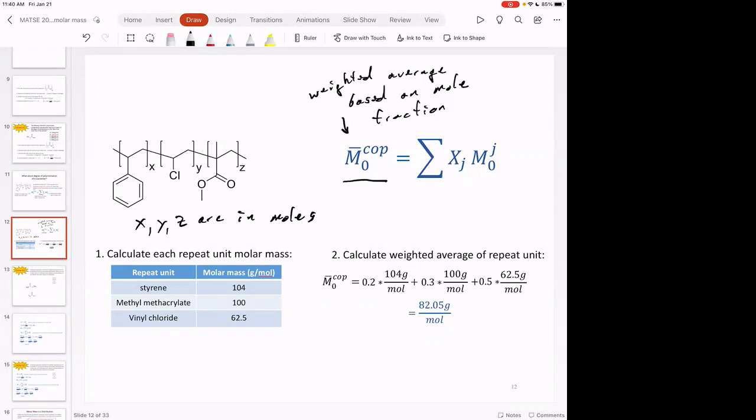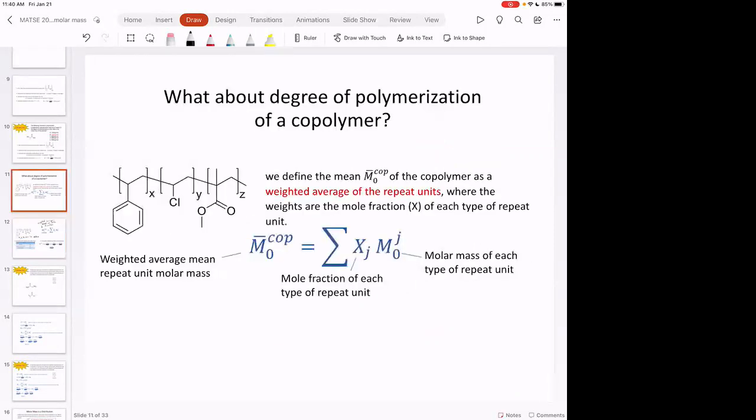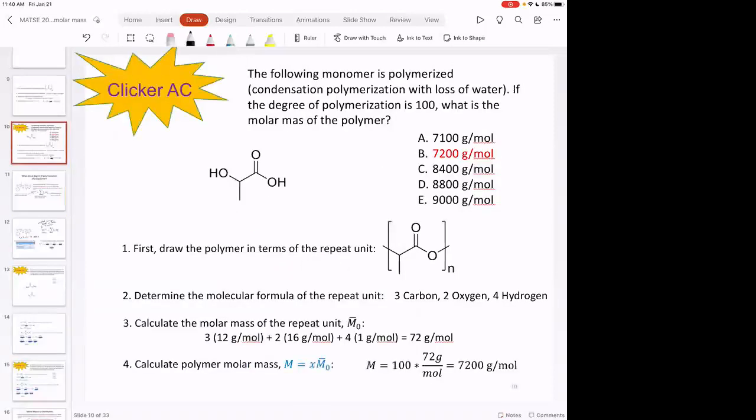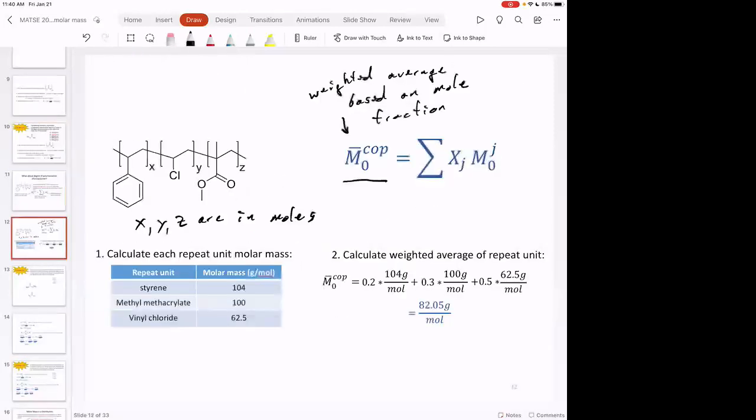Is that clear? Yes. How do you get the fractions in front of the weights again? Yeah, so you have to be given that. In this case, X equals 0.2, Y equals 0.3, and what do I have left?